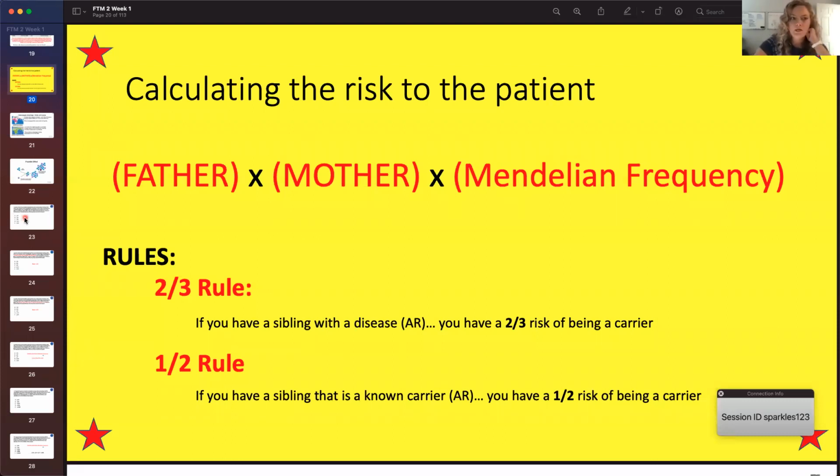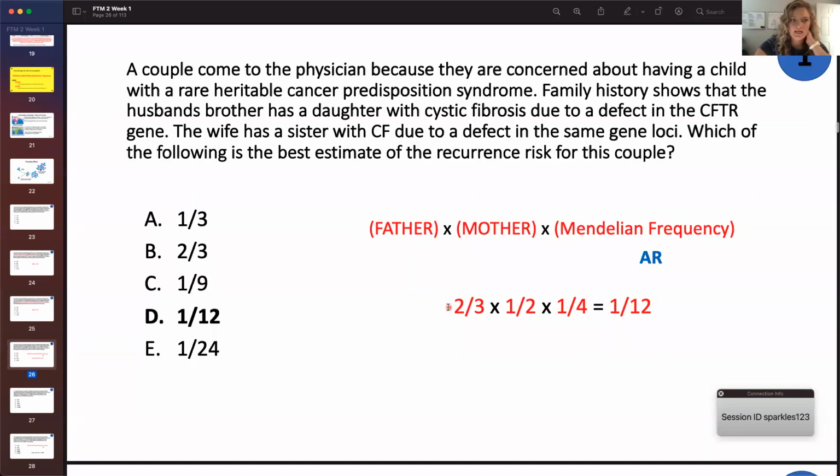I see what you're saying though, just because of the way the explanation was put on that slide, it looks backwards. Yes, the mother is going to be the one that's 2/3 here because she has a sister that has cystic fibrosis. That's the 2/3 rule we learned a few weeks ago.